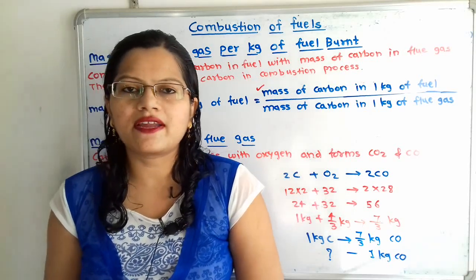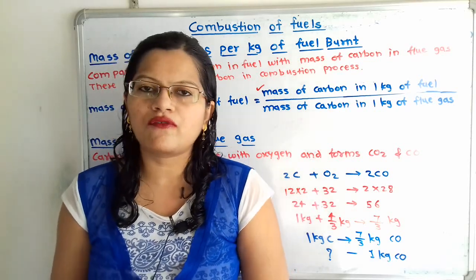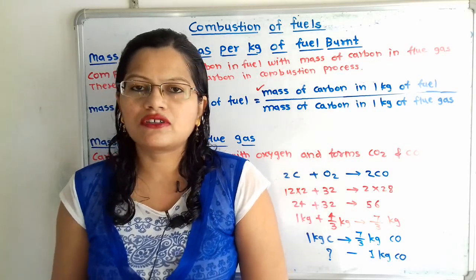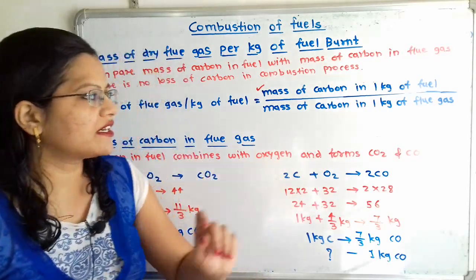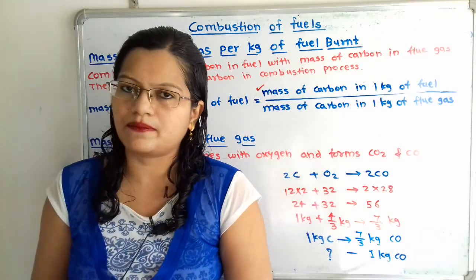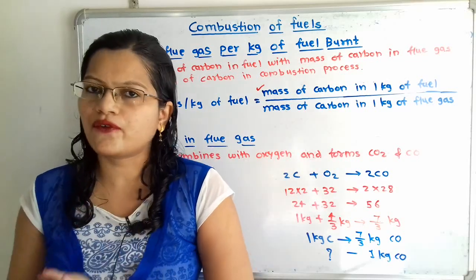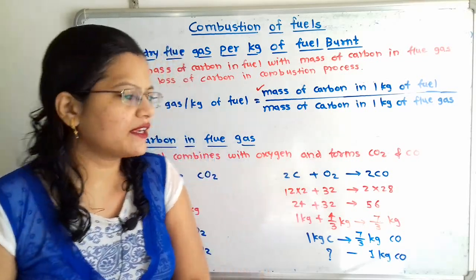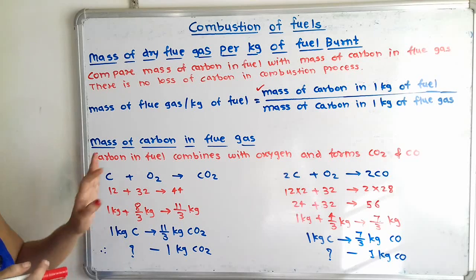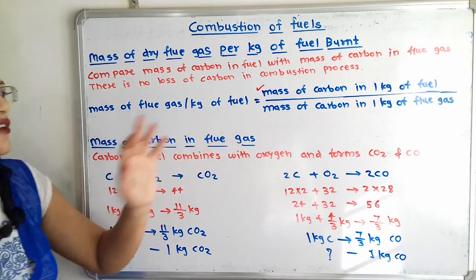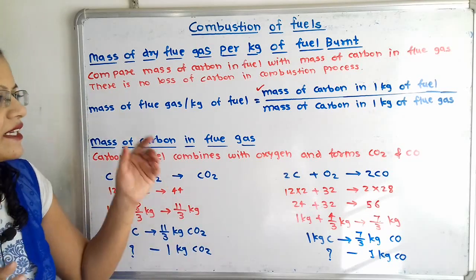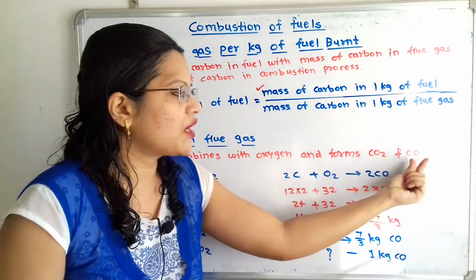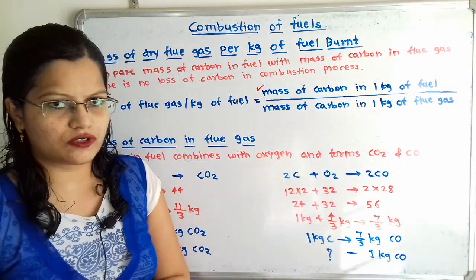So we have to find out what is the amount of this carbon dioxide as well as carbon monoxide that is getting generated during the combustion of carbon that is present in the fuel. So how to find out that? We have to write here the mass of carbon in flue gas. In flue gas carbon is present in the form of carbon dioxide as well as carbon monoxide.